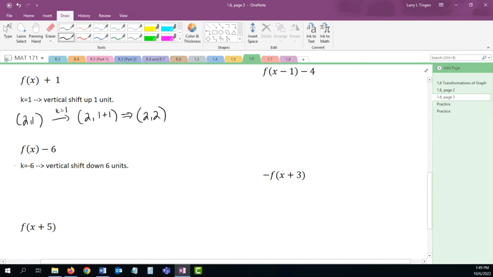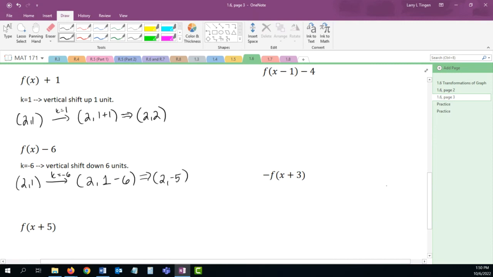In this one, I have f of x minus 6. I start out with the vertex of (2, 1). If k is negative 6, that means I am taking the y coordinate and going down 6 units. I'm bringing those points down. So now my vertex is at (2, -5).